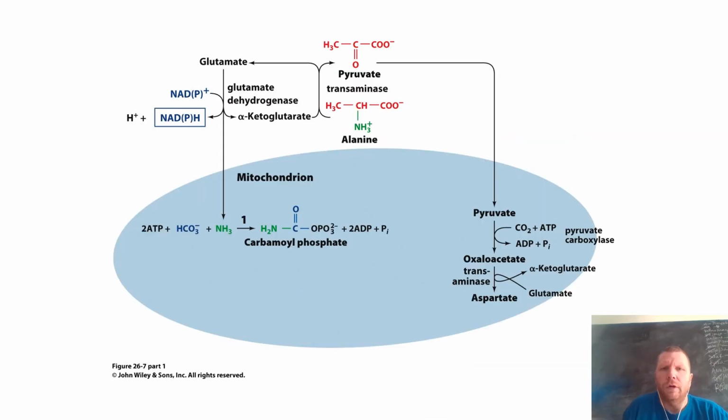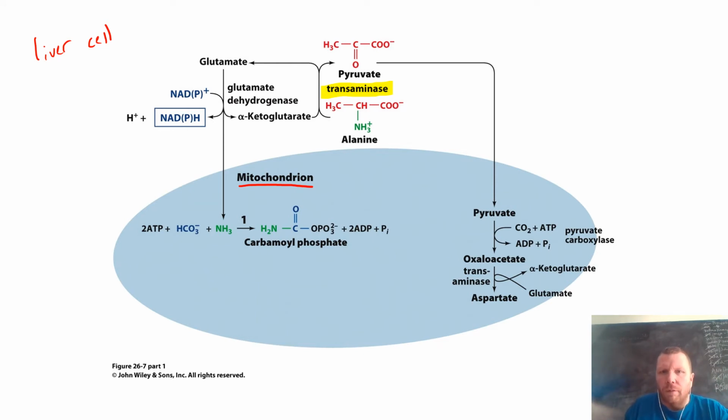So what we were just talking about on the previous slide was this transaminase. Now, to put all this into perspective, this right here is a liver cell. Within that liver cell, we've got our mitochondria and our cytosolic space. The transamination reaction is taking place in the cytosolic space.